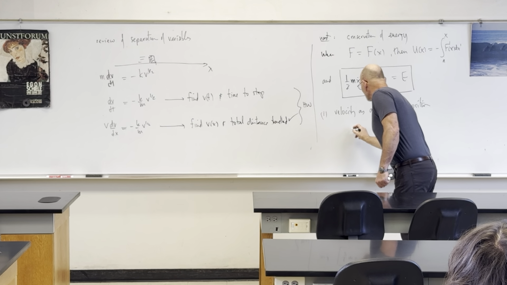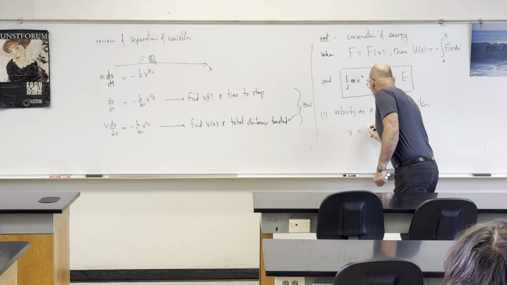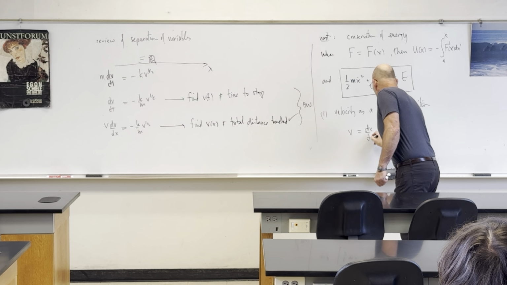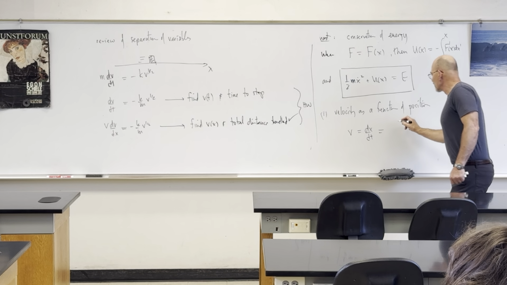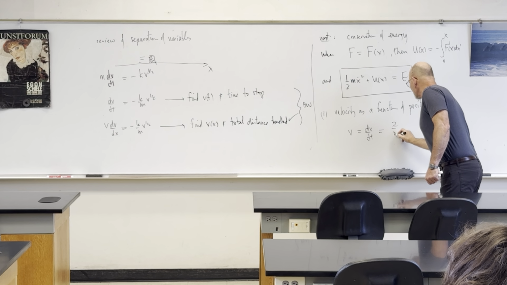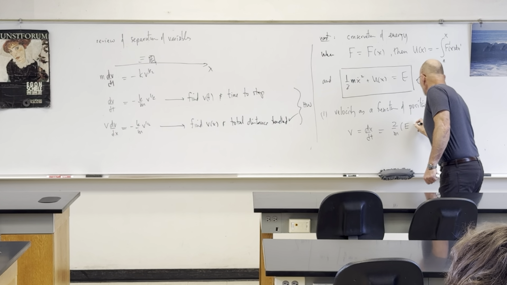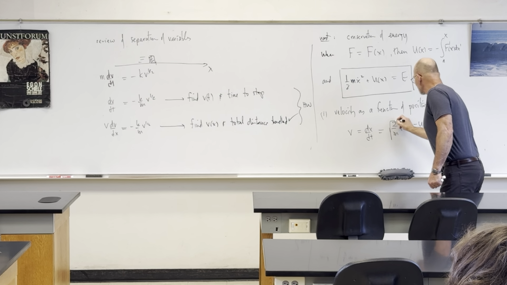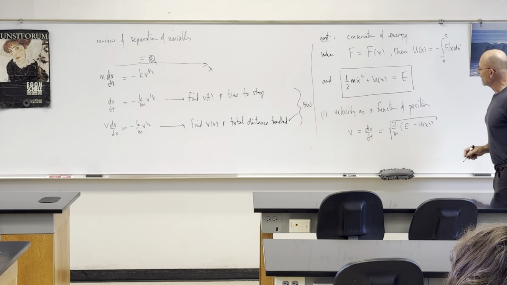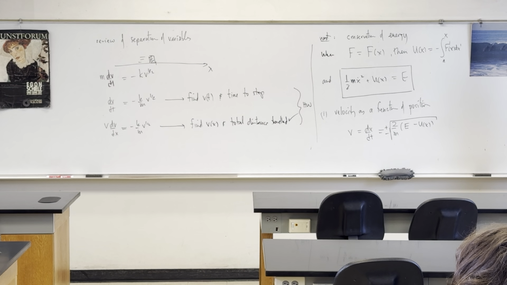So we've got the v, which is dx dt, equals the square root of 2 over m times E minus U of x. And we have a plus and a minus sign, right, just when we take square roots.